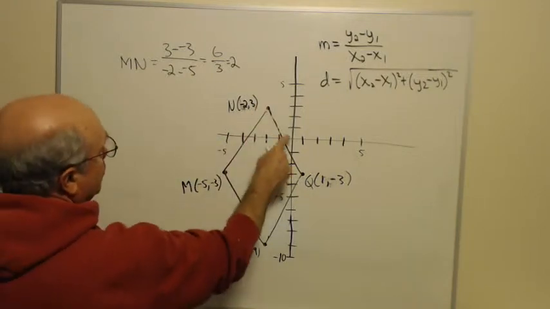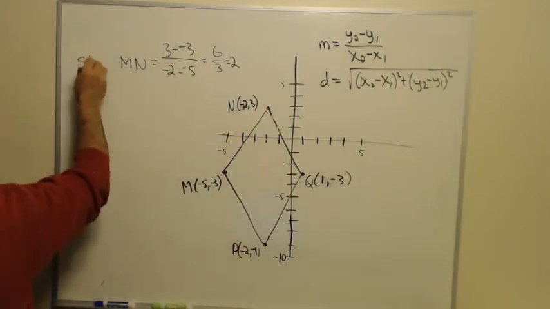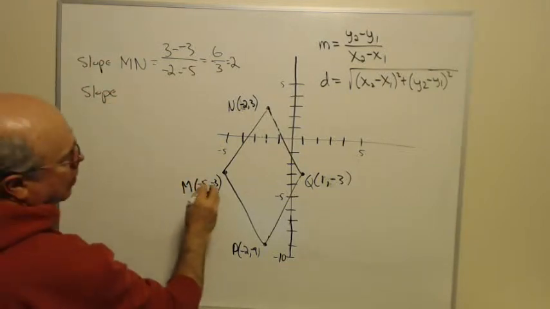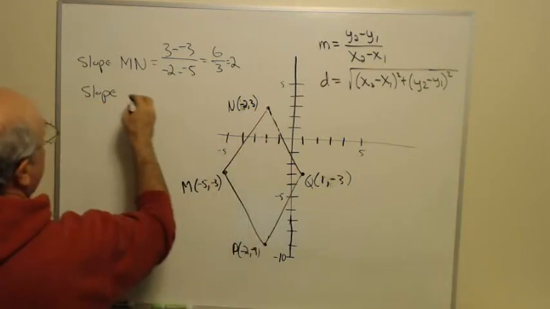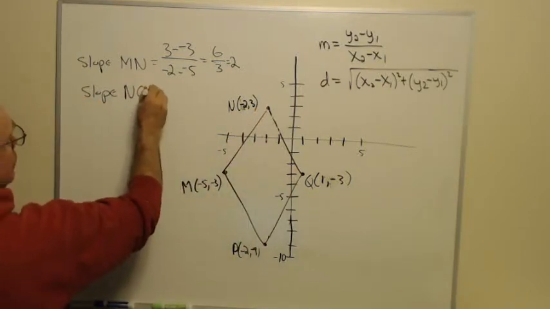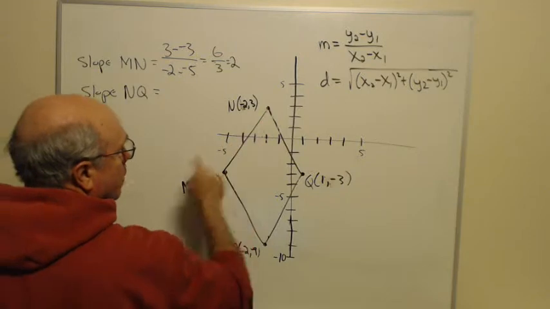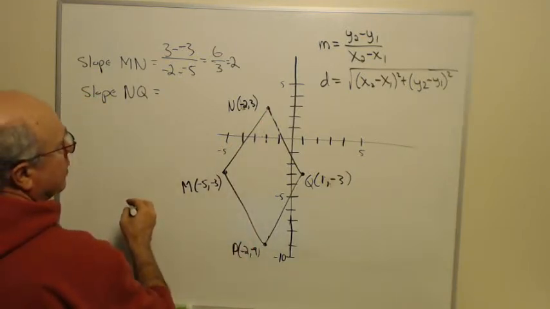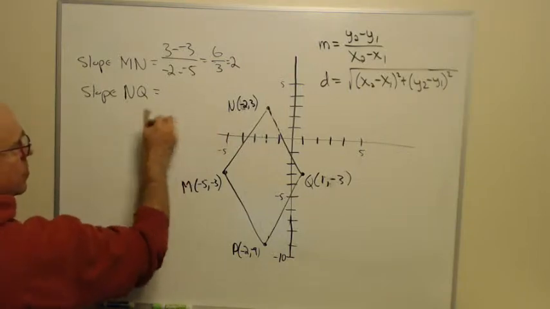This is the slope of MN. Let's check the slope of NQ. That'll tell us something about the angle up here. That's what I'm looking for. I'll work under here so I don't run into my drawing.